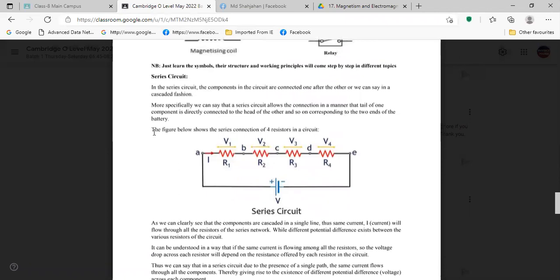What is series circuit? Look, we have here four resistors R1, R2, R3, R4. They are connected one after another. This arrangement is called series circuit.